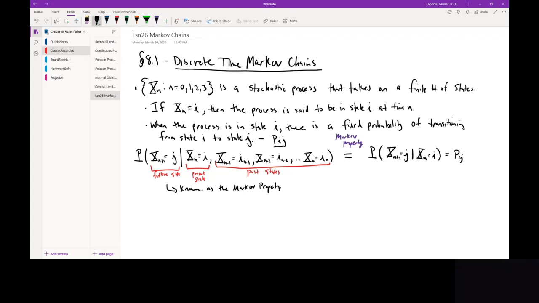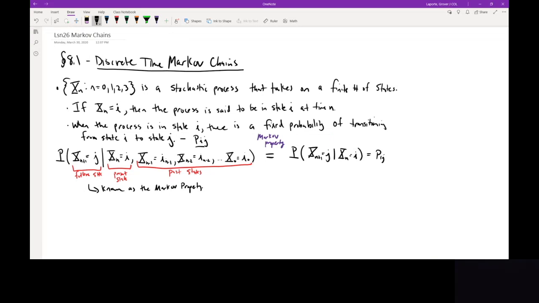We need to talk about one other thing. The next thing that we want to talk about with this particular probability is the probability that X_{n+1} is equal to j, given that X_n is equal to i, is equal to p sub ij, and that is also equal to the probability that X_1 is equal to j, given that X_0 is equal to i.